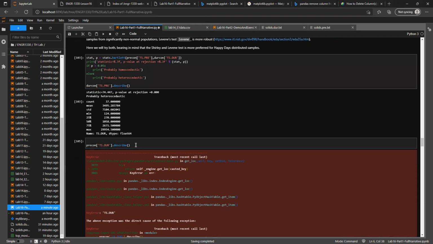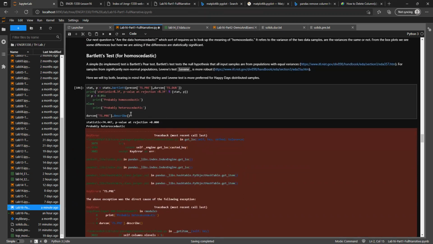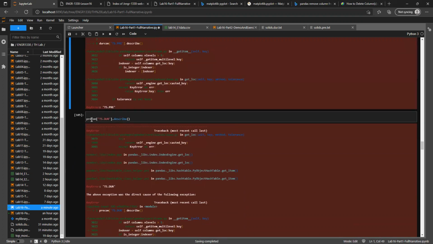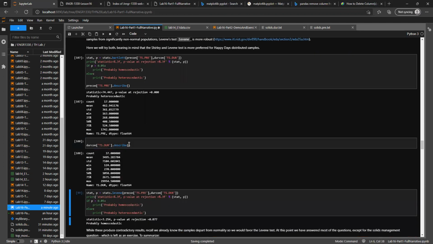All right. Oops, what did I do wrong? Oh, of course. Used the wrong data frame. Okay. So if we look at the standard deviation for the pre-measurement, we're getting 361. And the standard deviation for the during measurement is 7,104.